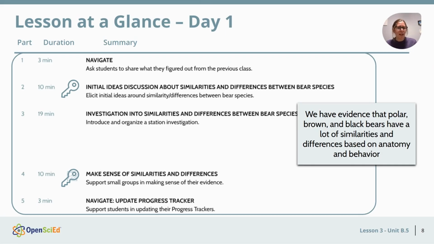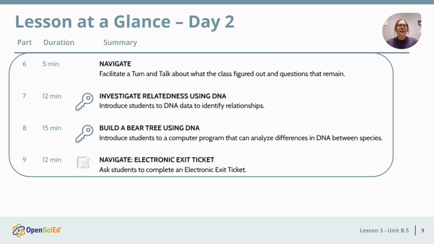And we're wondering, do those similarities and differences give us a clue about how related the bear species are to each other? In loop 2, which will take place over the second day, we're going to investigate their relatedness using DNA and then build a bear tree using sample DNA of a bunch of different bear species, not just brown bears, polar bears, and black bears.